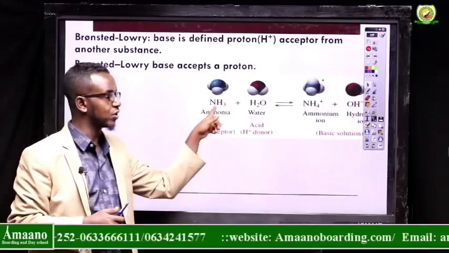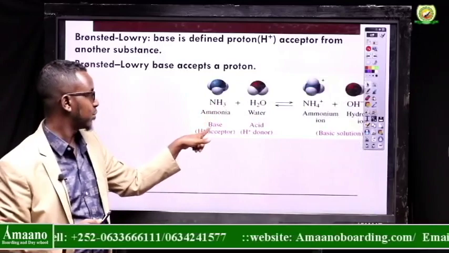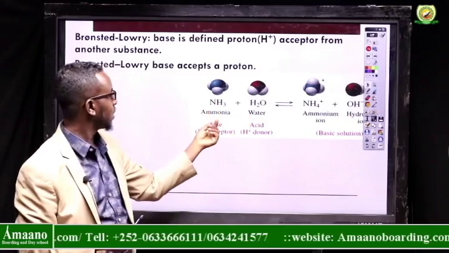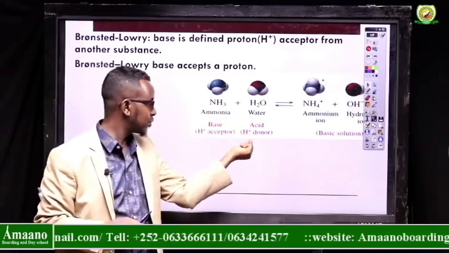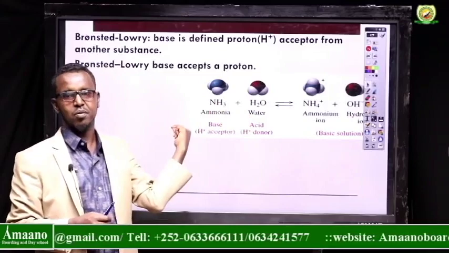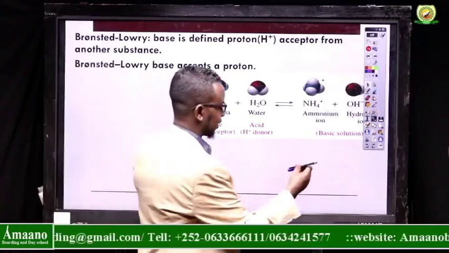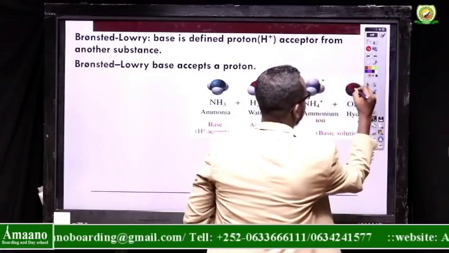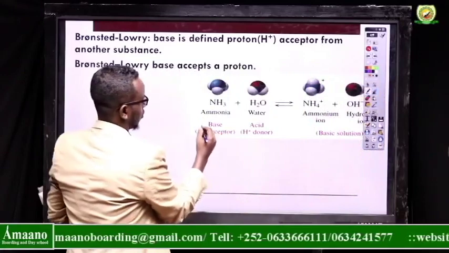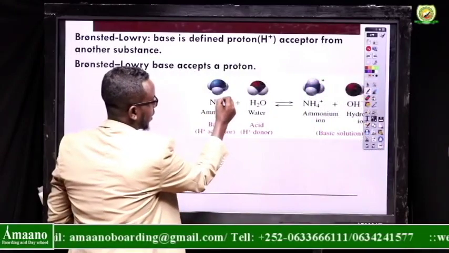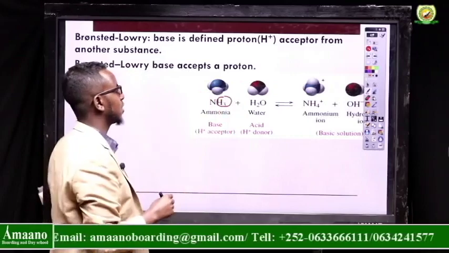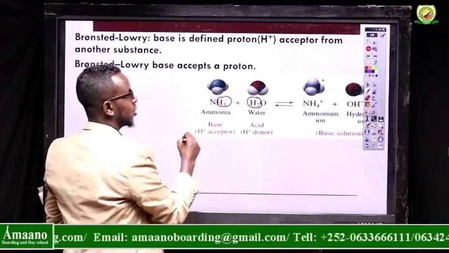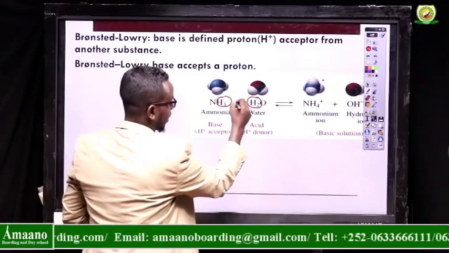Consider NH3. This is ammonia. Ammonia is a base. Here you have water. When you add ammonia and water, ammonia accepts a hydrogen ion from the water. Ammonia contains three hydrogens and water contains two hydrogens.